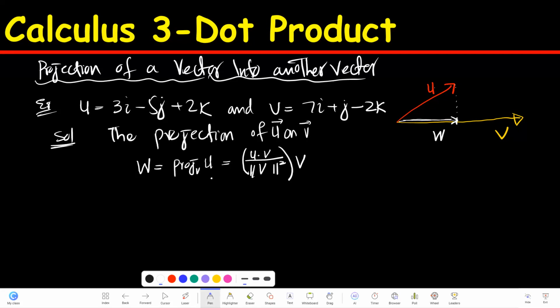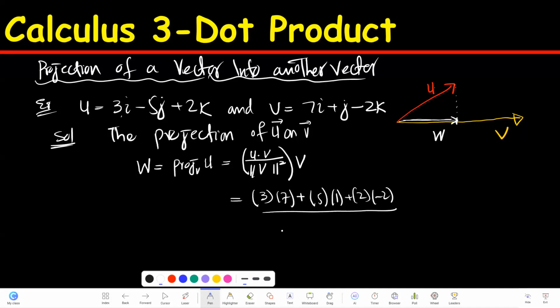So I'm going to multiply 3 times 7, 21, this to this, plus minus 5 times 1, plus 2 times minus 2, divided by the magnitude of V squared.